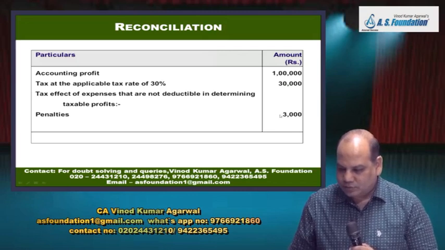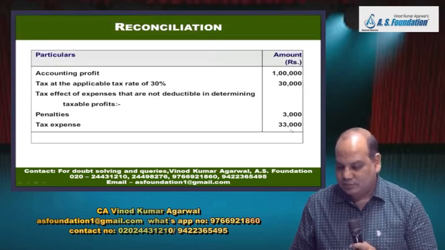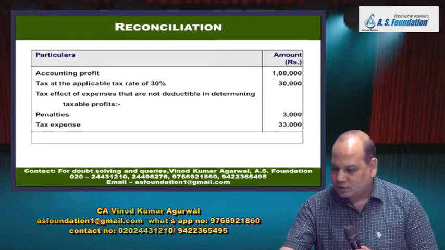Penalties, write down 3,000. So this is a reconciling item. And therefore tax expense 33,000.